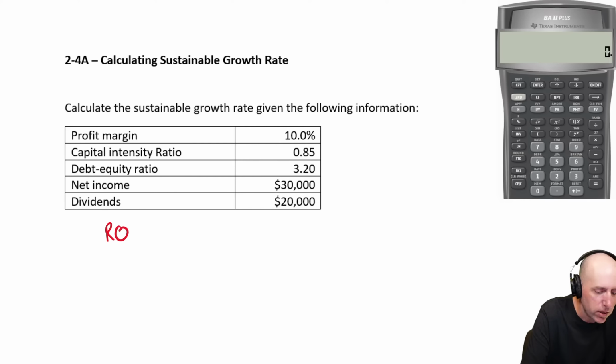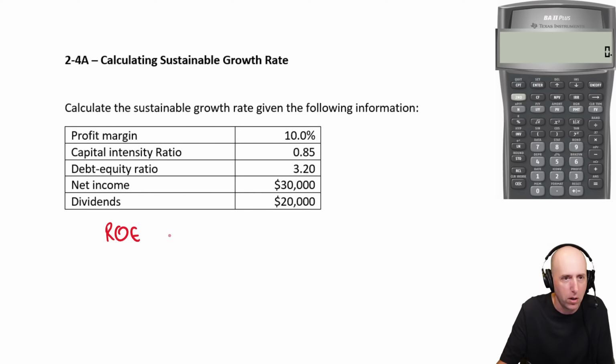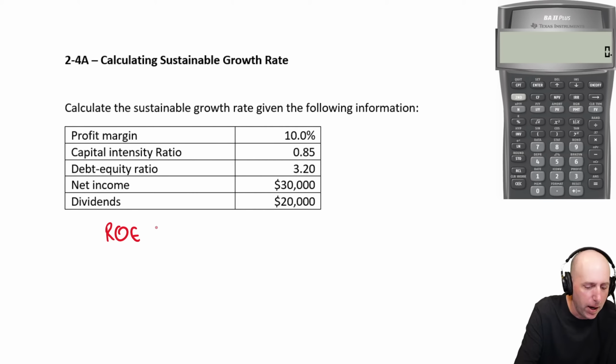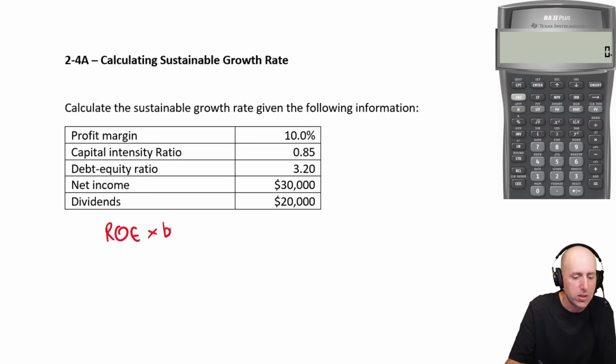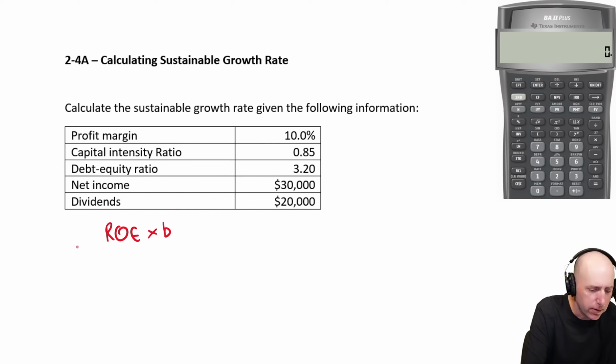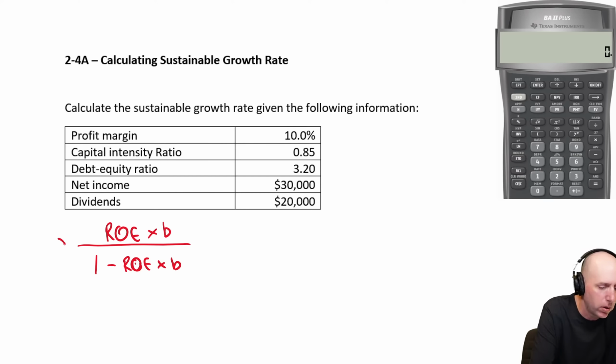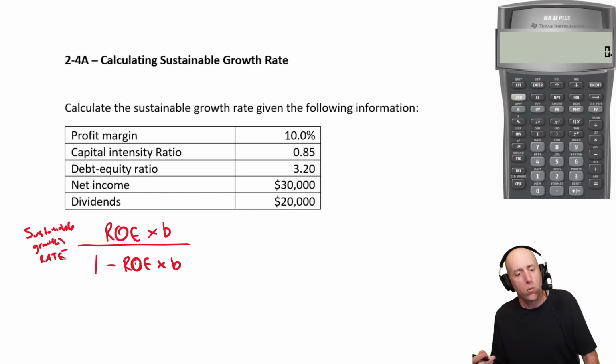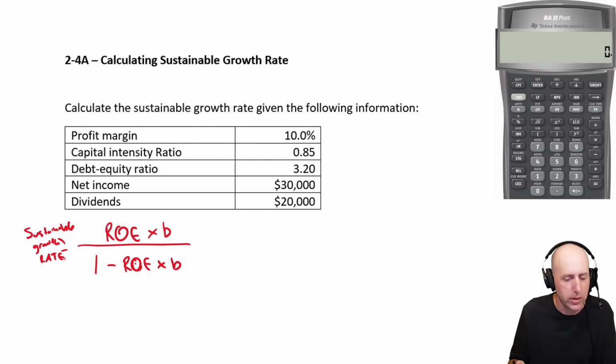It starts with ROE, return on equity, times B, which is our plowback ratio, divided by 1 minus ROE times B. That is our sustainable growth rate. Okay, so we've done that in previous problems, right? We've solved for the sustainable growth rate. That's the formula to do it.